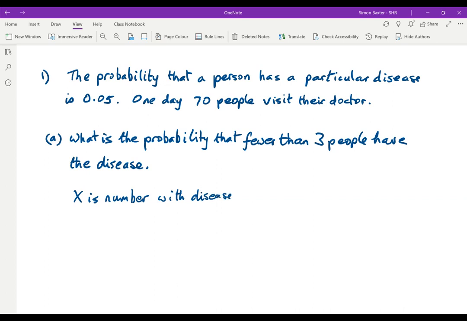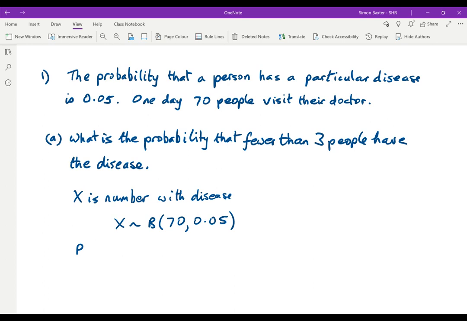Then x ~ B(70, 0.05). So x comes from a binomial distribution. We have two possible outcomes, either having the disease or not, a fixed number of 70 people in the trial, and a fixed probability for each person of 0.05. So it satisfies all the conditions for a binomial.